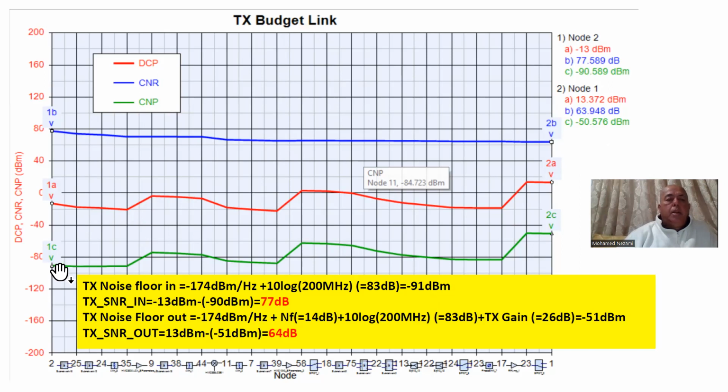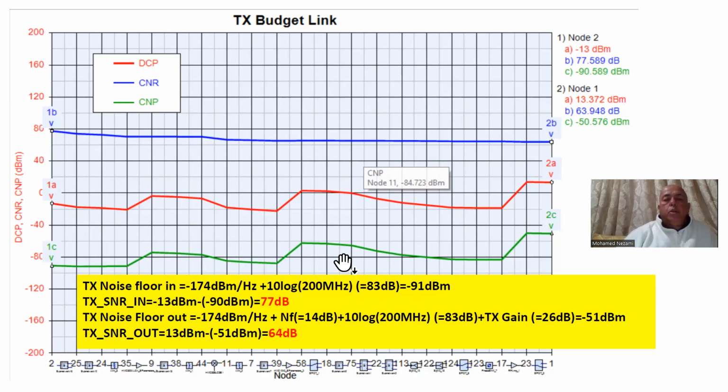At the beginning here, we have minus 91 dBm. That number was calculated because minus 174 dBm per hertz is the thermal noise density at room temperature. Integrated over 200 megahertz, that gives you about minus 90 dBm, which is this number here, okay?